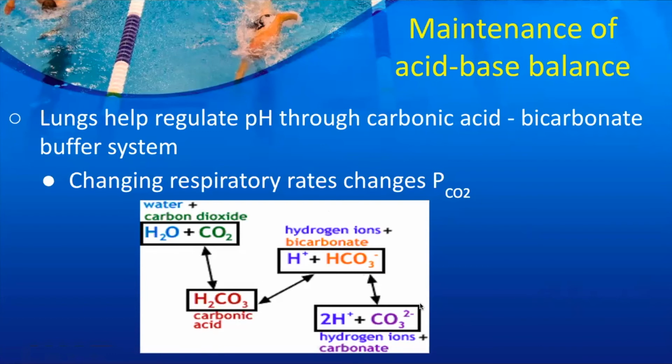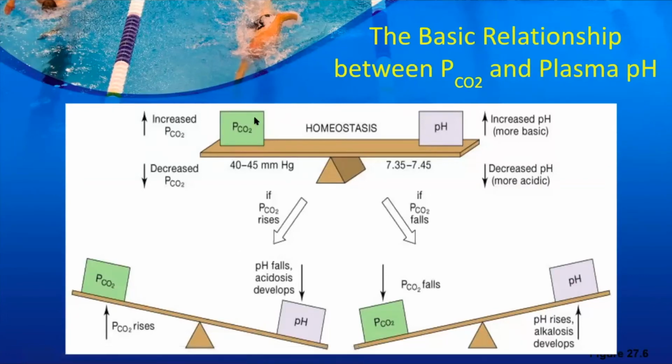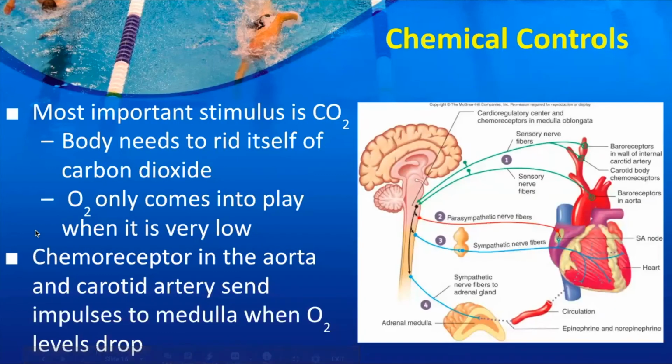And so whatever your blood needs, it's going to either donate hydrogen or release hydrogen. And this is just a reminder that the more CO2 you have, the more acidic your blood is. So CO2 combines with water to make carbonic acid, and that lowers your pH.